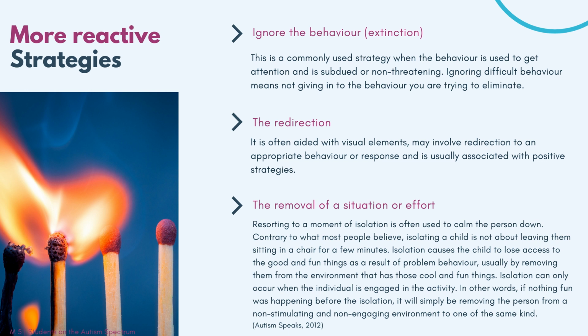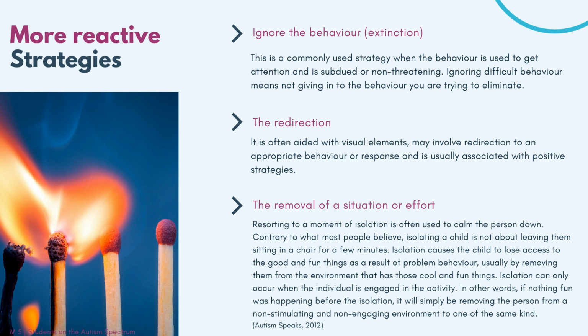The removal of a situation or effort using a moment of isolation is often used to calm the person down. This quote presented here serves to clarify that when removing a situation, it is only effective if the student is doing an activity that interests or pleases them.